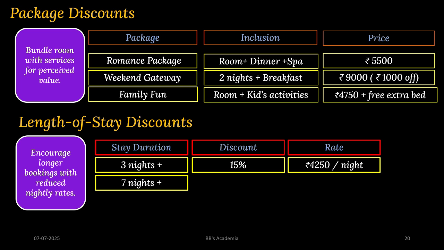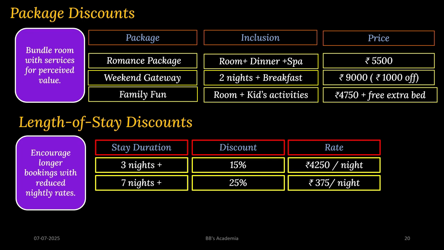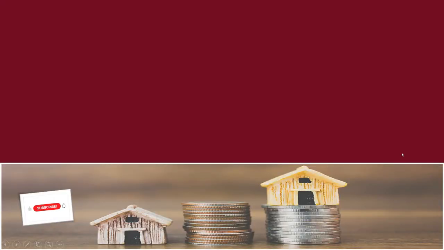For example, if it is 7 nights and more, then you'll be getting 25% discount. And your rate will be like this. 3,750. Okay, fine.